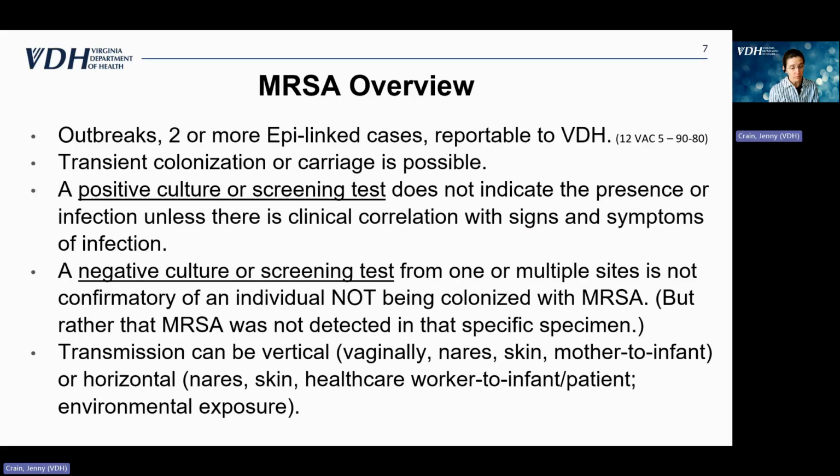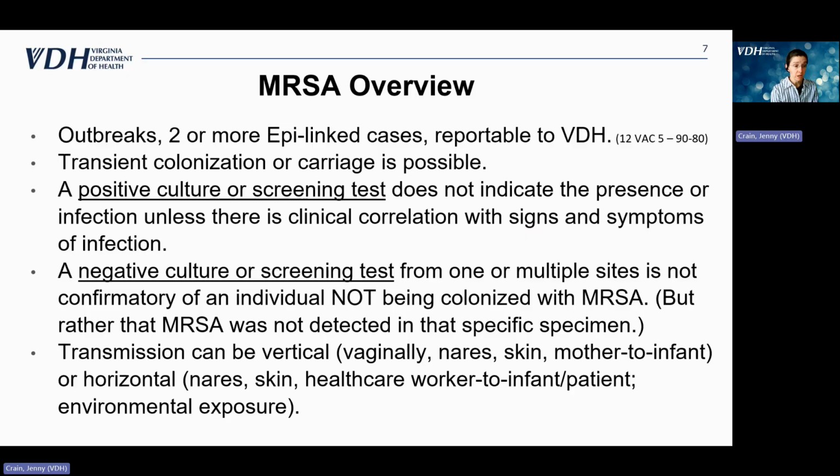We need to also remember with MRSA that transmission can be vertical or horizontal. When we think about vertical, this is the mother to child transmission, that can occur vaginally or via the nose, the nares, or skin between the mother and the baby. Horizontal transmission is normally what we are thinking about investigating in these healthcare-associated infection outbreak scenarios, where it could be transmission from the nose or nares, as well as the skin of, say, healthcare workers to a patient.